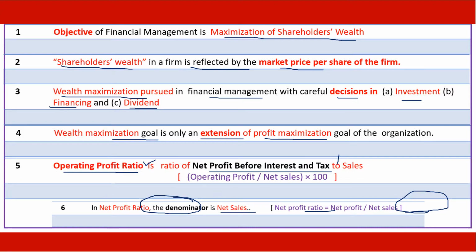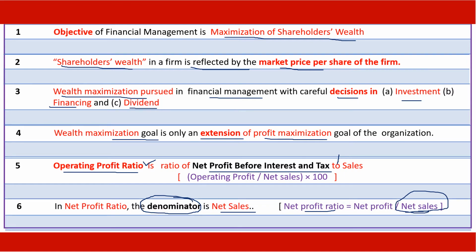Operating profit ratio is nothing but net profit before interest and tax divided by sales, or operating profit divided by net sales. Net profit ratio. In net profit ratio, the denominator is net sales. Net profit ratio equals net profit divided by net sales.